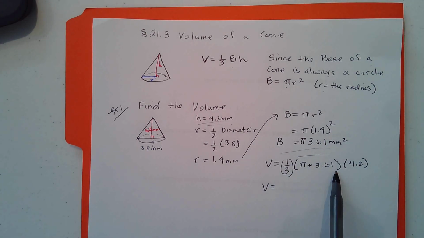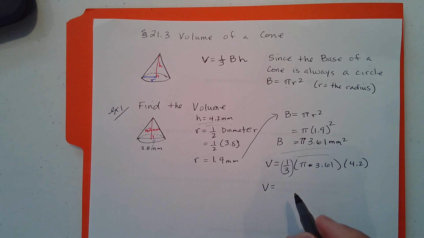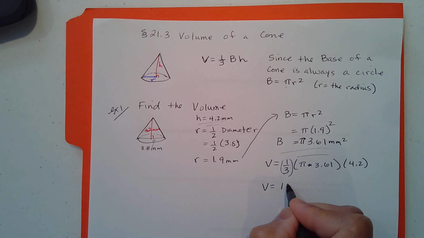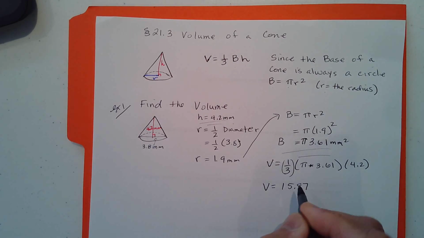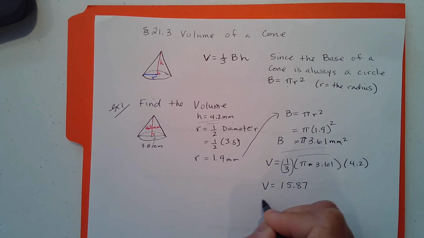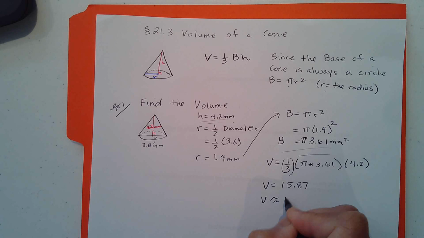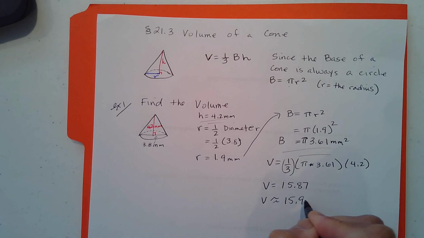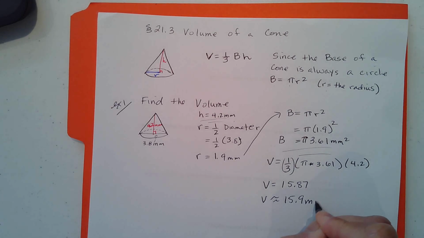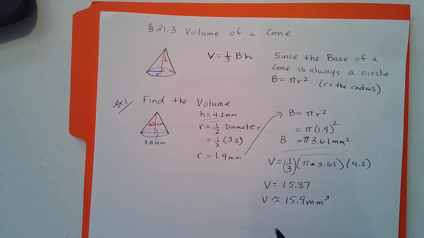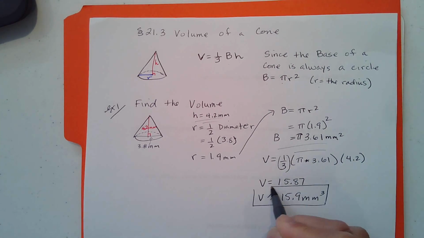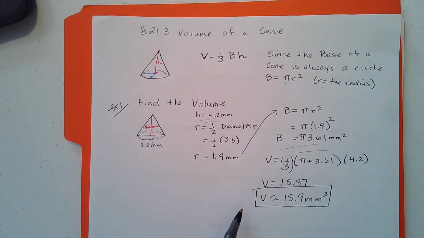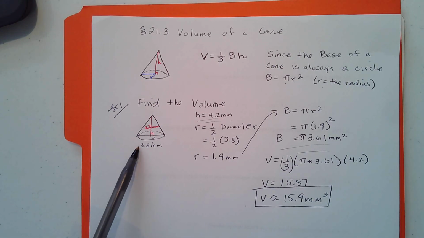After computing all this, you will have 15.87, which is approximately 15.9 millimeters cubed. So that is how to find the volume for this cone.